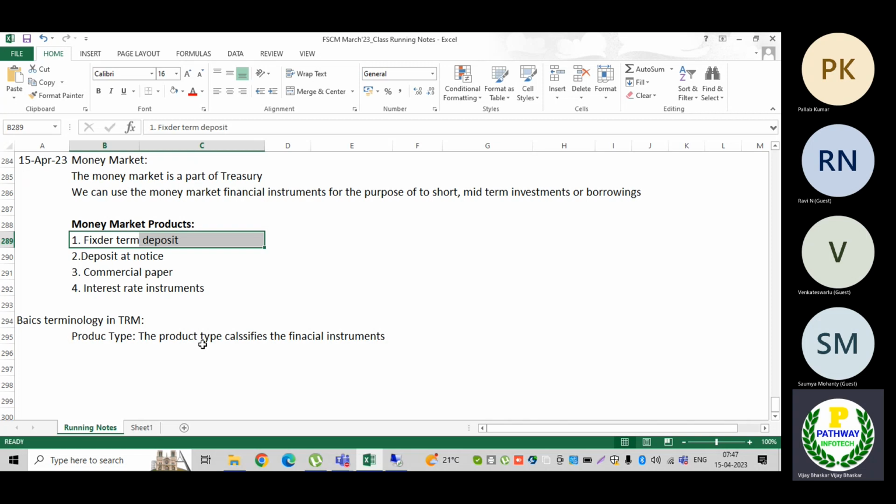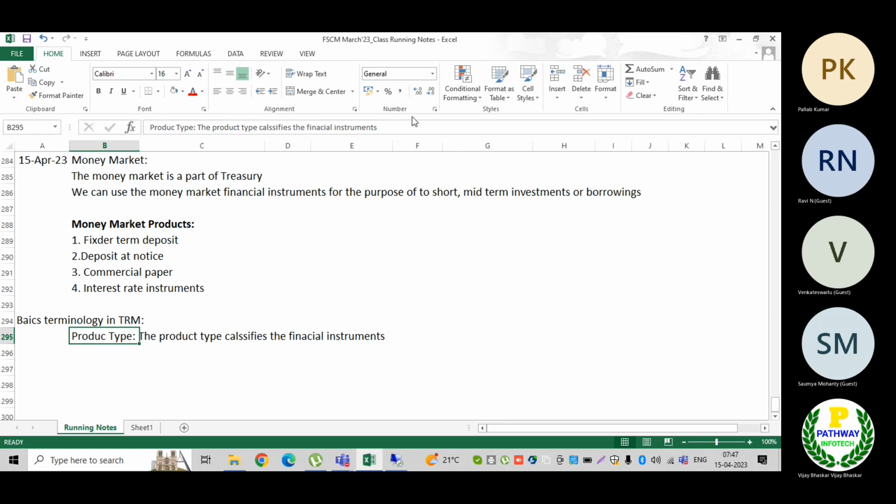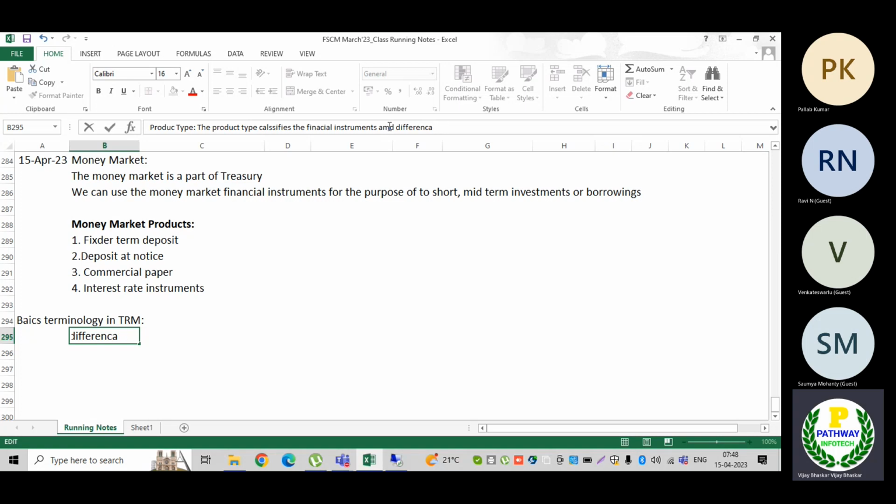So, simply, a product type classifies the financial instruments and differentiates them.